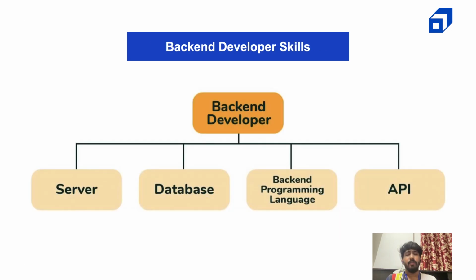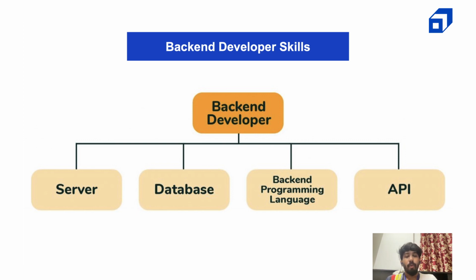Okay, so now coming to the skills part, which is exactly what this particular session is about. A backend developer will have to know all of these things: servers, databases, programming languages, which is really important and one of the most essential skills, and APIs, application programming interfaces.